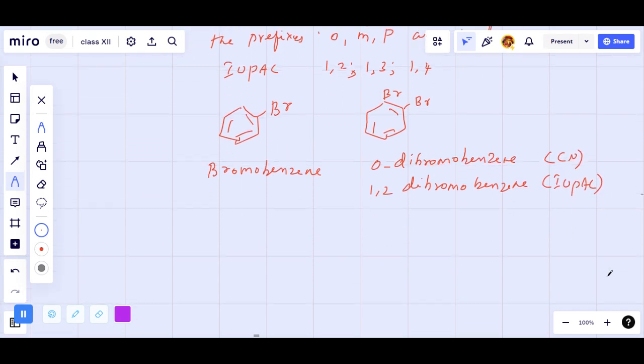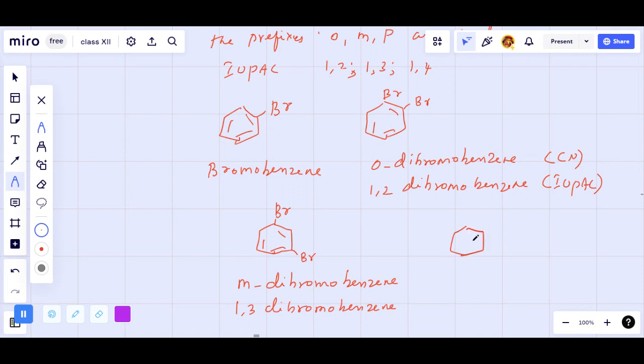Suppose the second substituent is at number three position from number one. The common name is meta-dibromobenzene, or in IUPAC, 1,3-dibromobenzene.